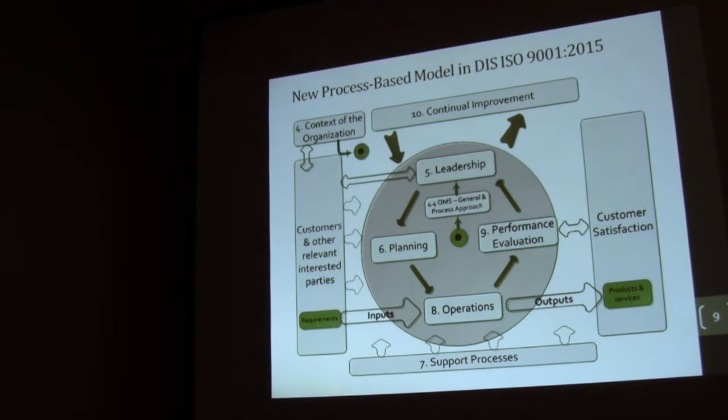Here is the new process-based model from the Draft International Standard. It's matured, and one of the things that is a little bit different with this one is context of the organization is included in it, and that used to be in management responsibility, and it was also part of the scope and general scope of the standard itself.